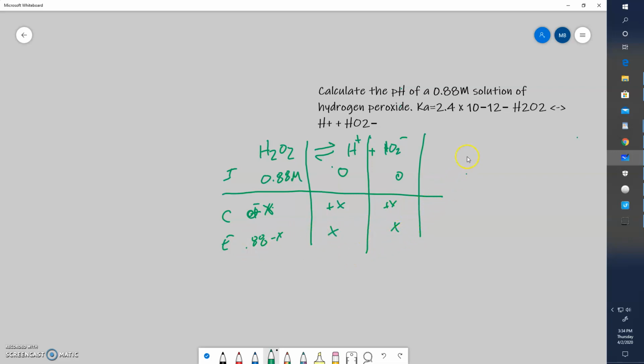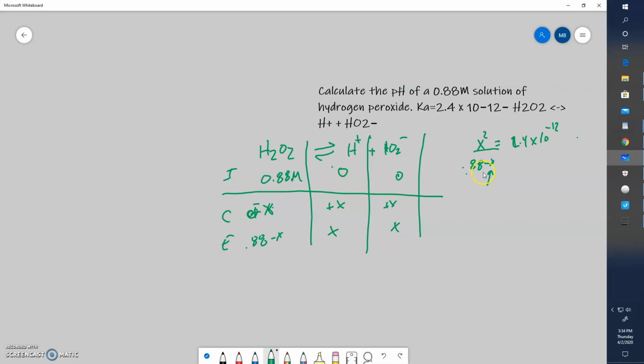I put that back into my equilibrium expression. Remember, products over reactants. And I'm going to really try to shortcut this one. I end up with X squared and 2.4 times 10 to the minus 12 all over 0.88 minus X. I'm going to drop that X this time. It's pretty small.